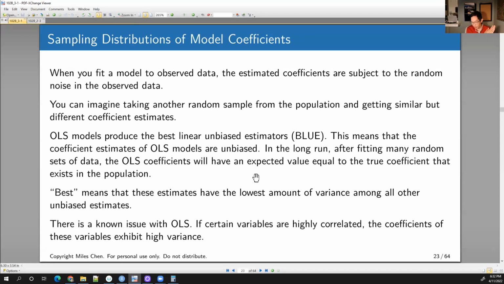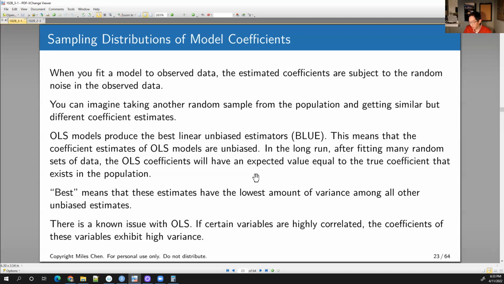Meaning that if you repeated this process 1,000,000 times, getting random samples and fitting OLS, then the expected value of each coefficient, your slope, your intercept, whatever other coefficients you have, will be the true values in the population, okay? And among those, OLS has the best estimates in that it has the lowest amount of variance among all possible unbiased estimators, okay?